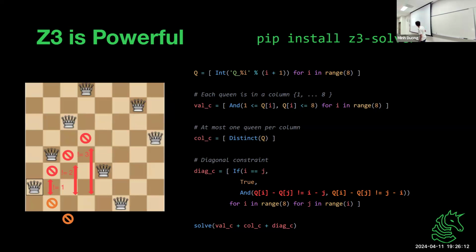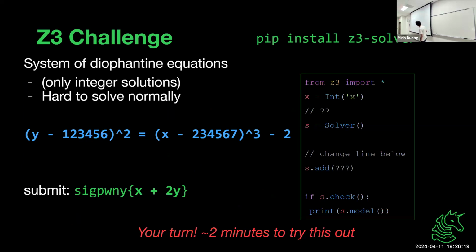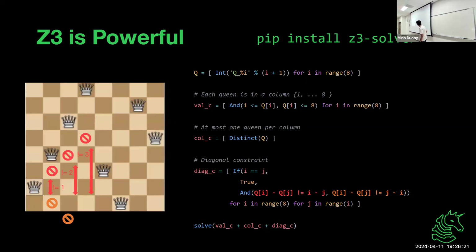So this diagonal. Solve basically solves a set of constraints that you give it. So you add together this constraint, this one, and it will give you values for all the variables that are involved in the constraints.